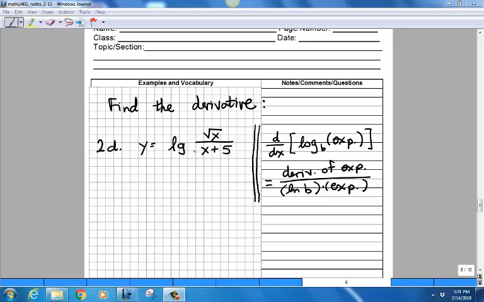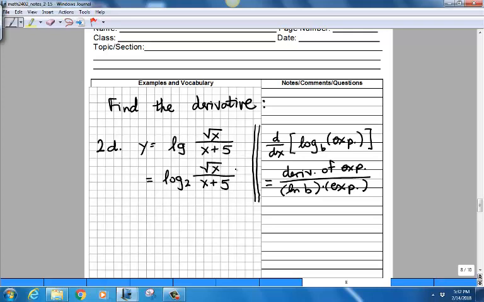So in this example, we're differentiating a function, this function that I'm using LG to represent, and that's my notation for log base 2, which is another important base for logs. So we want to find the derivative of log base 2 of square root of x over x plus 5.